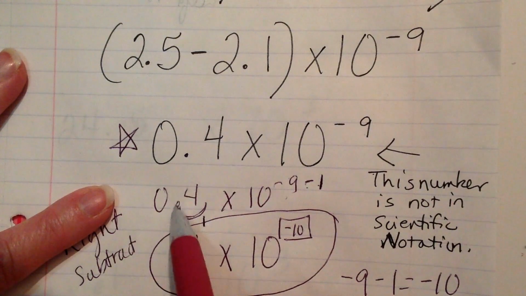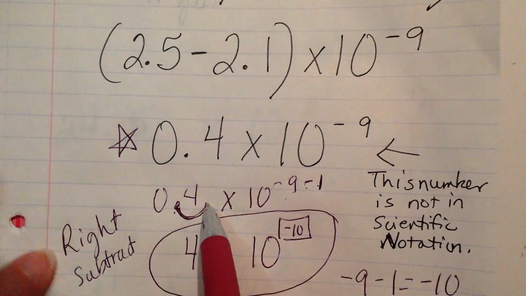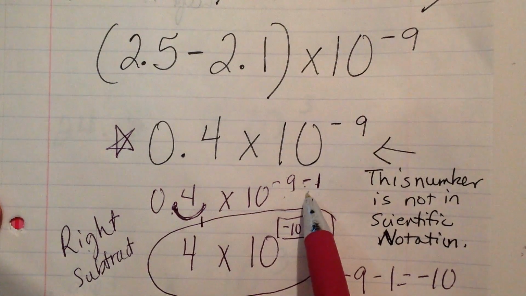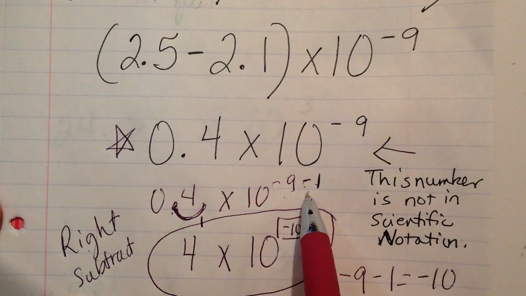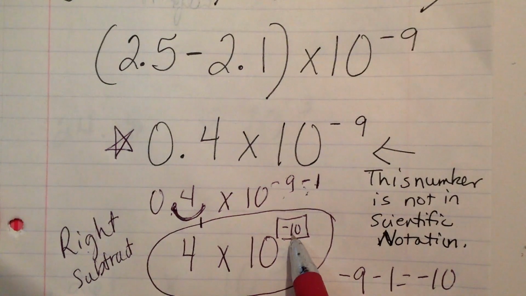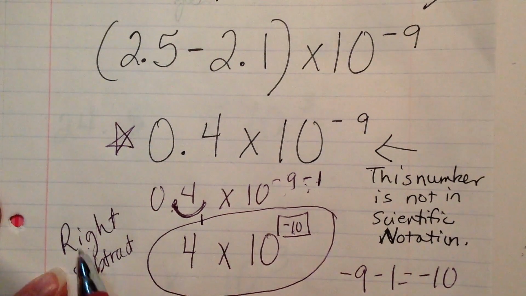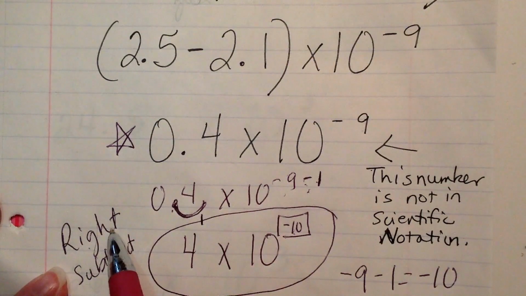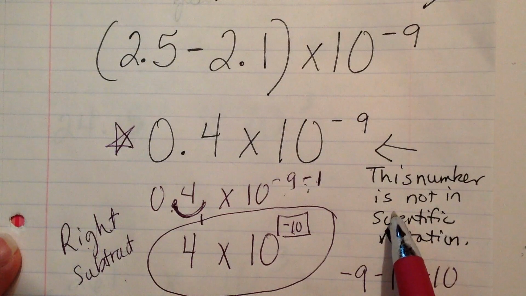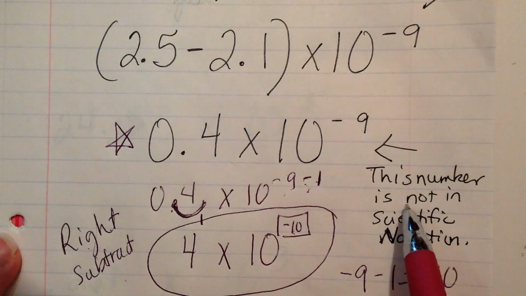So I had to move my decimal one place to the right. When you move your decimal one place to the right, you must subtract 1 from the exponent. So negative 9 minus 1 is negative 10. So make yourself a note: if you move your decimal to the right, you must subtract that many digits from the exponent.